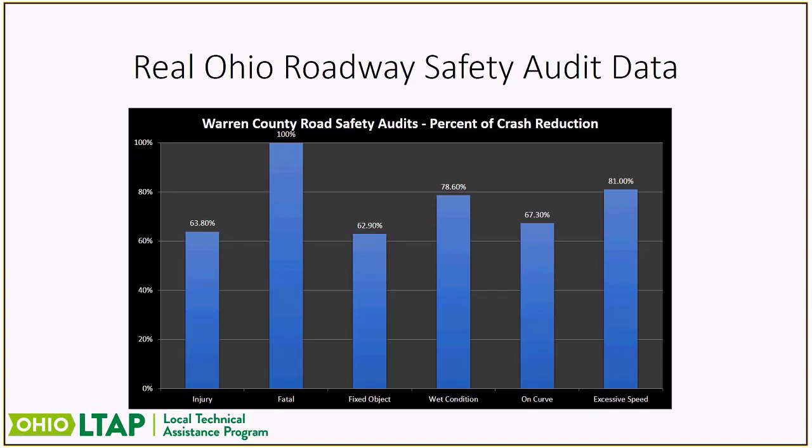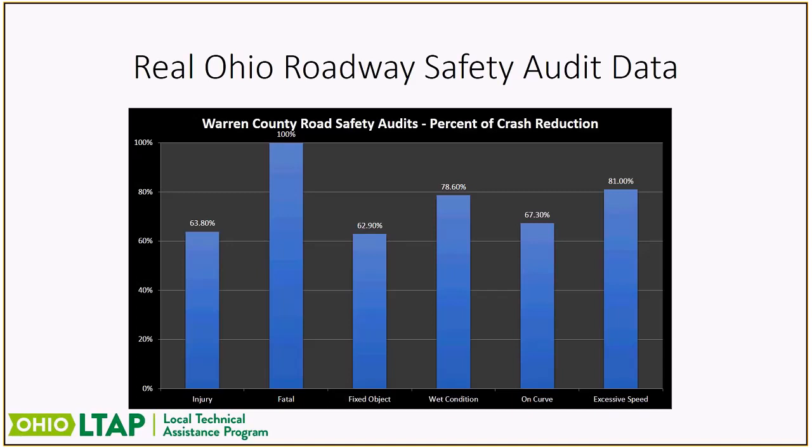We measured it for a time period after, and overall, the injury crashes were down 63.8%, but most importantly, I felt, the fatal crashes were down 100%. That just speaks volumes to the benefit you can get from having a roadway safety audit team put together and going out and doing what we call an RSA.